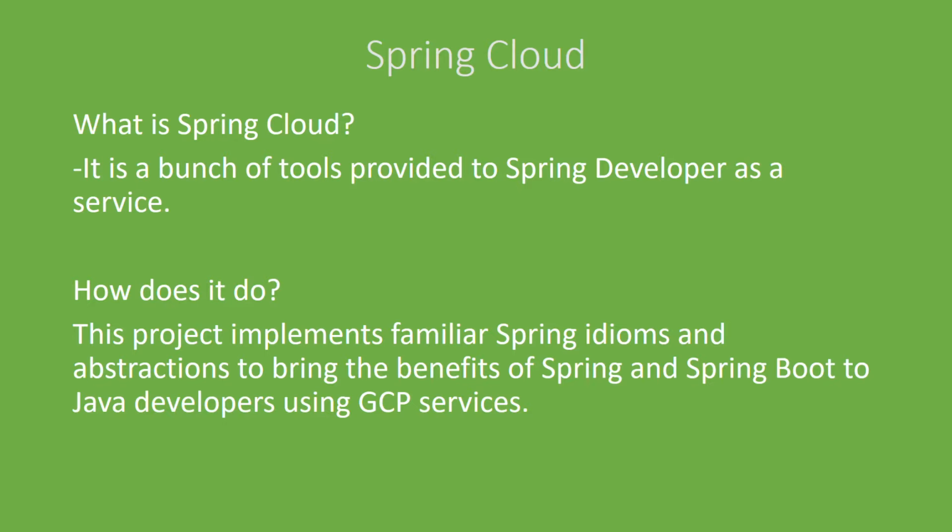To understand this, we need to be a little familiar with the types of services that are part of cloud technology. Basically, we need to understand the differences between SaaS, PaaS, and IaaS, that is, software as a service, platform as a service, and infrastructure as a service.